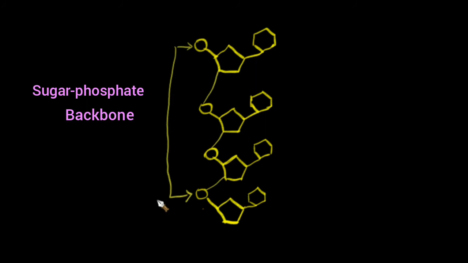But in order to form the structure of the DNA, a similar strand of polynucleotide runs in an opposite direction to this strand, just like we have in this diagram. So the second strand runs in an opposite direction to the first strand.